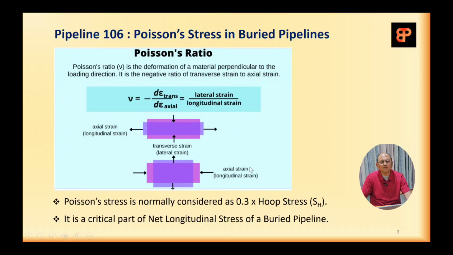That's how Poisson stress comes into the picture. I believe with this explanation your understanding of Poisson stress is now very clear, and I have also explained why it acts only in buried pipelines and not above ground, because there has to be a resistance to that axial movement, which is offered by the weight of the soil and the friction factor.